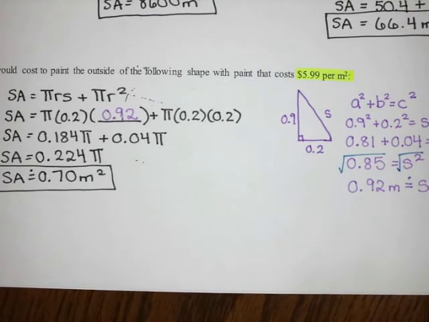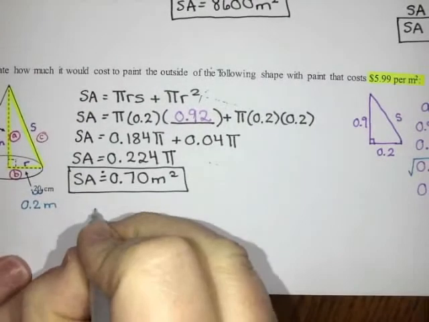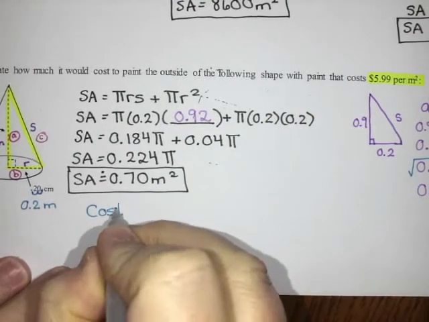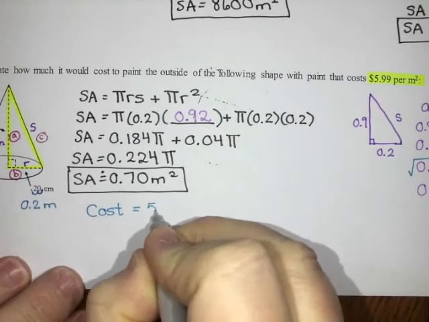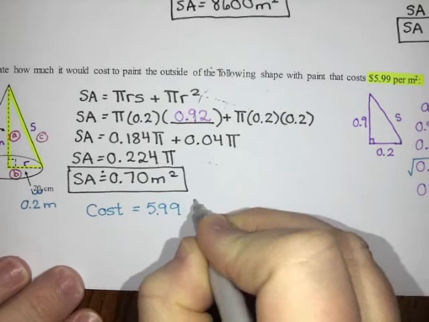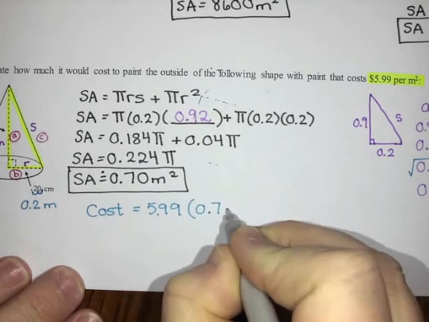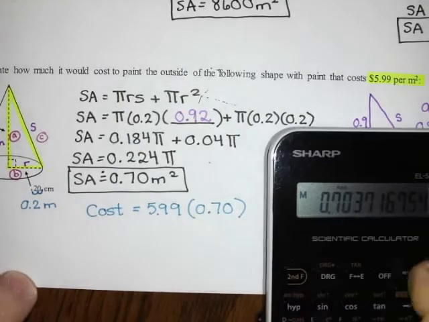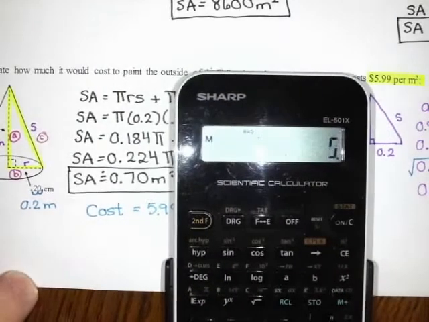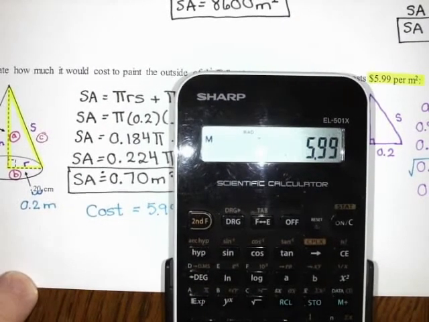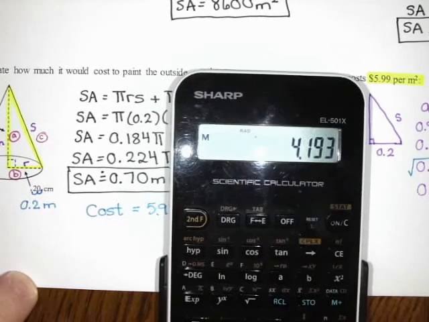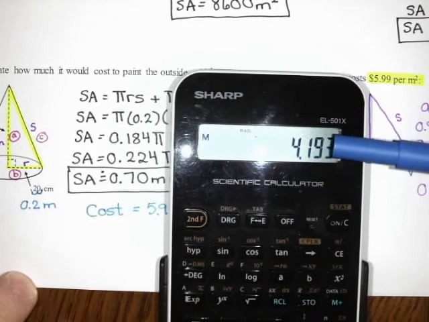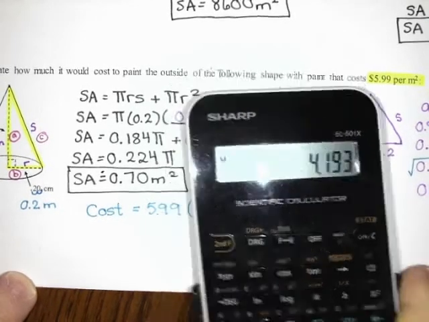So my cost is going to be $5.99 times the amount that I need. So I'm going to do $5.99 times 0.70, and that gives me $4.19. I look at the next digit, it's a 3, so I'm going to leave it at $4.19.